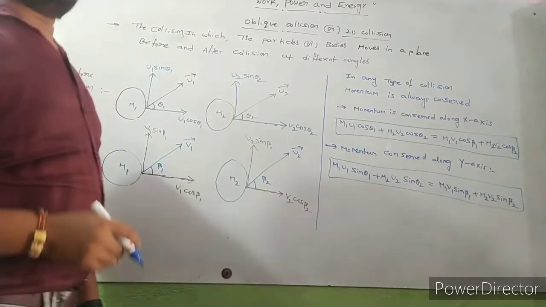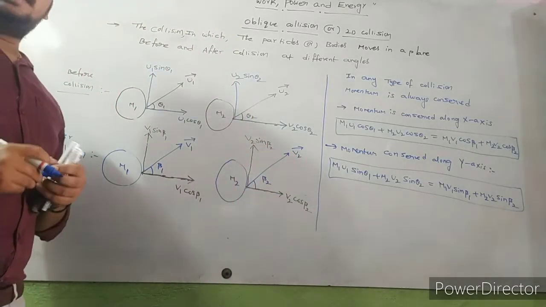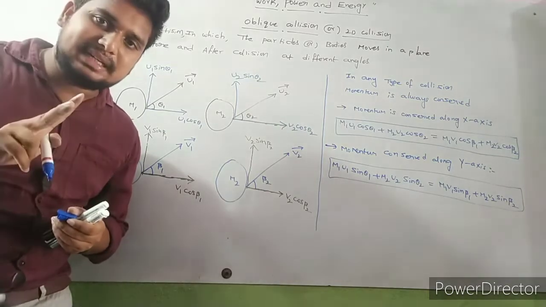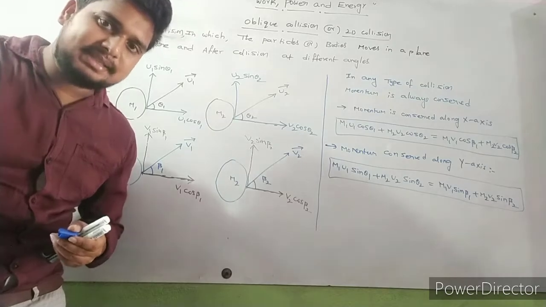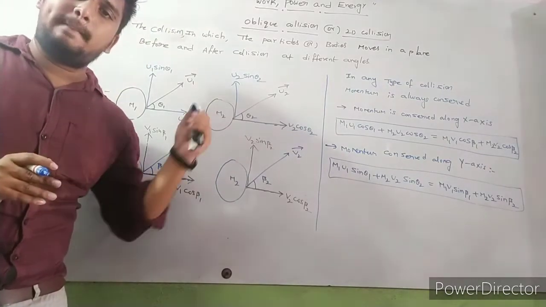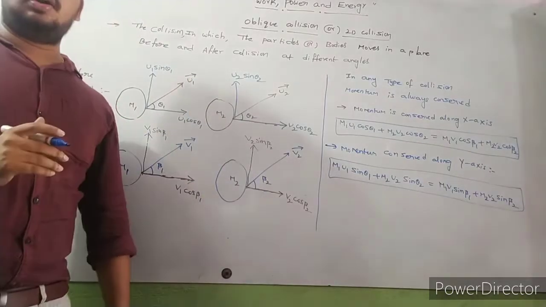So this is momentum conserved along the y-axis. This is very important. Here the body moves in two dimensions, that's why we consider both the x-axis and y-axis. So that's why this collision is a two-dimensional collision.